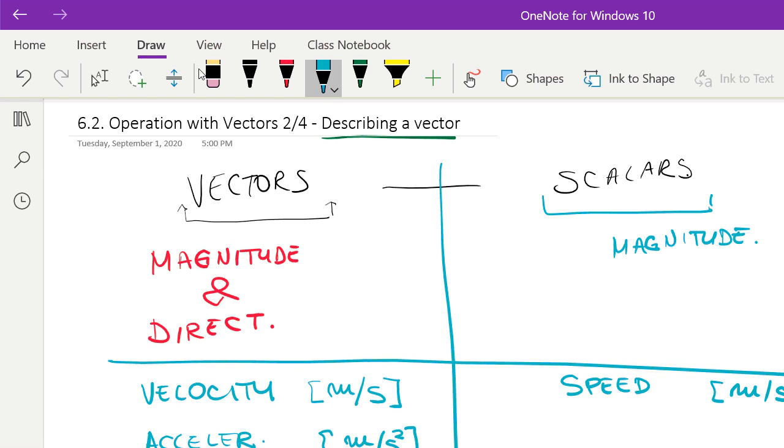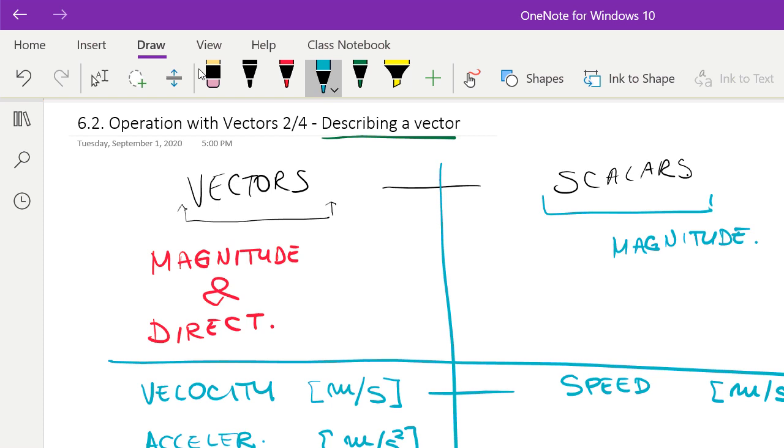And the units for it are meters, and the corresponding scalar quantity of displacement is distance. And the units are meters as well.